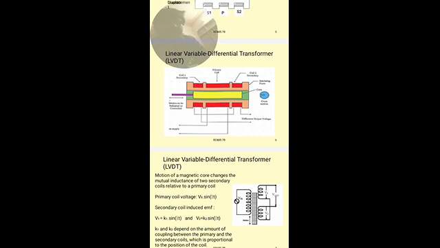Therefore the magnetic flux linking from the primary to the two secondary windings will be equal. So the induced EMFs in the two secondary windings S1 and S2 will be the same, and the output voltage, the difference of the two secondary winding voltages, will become 0.